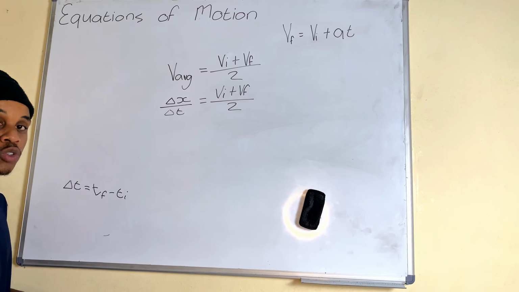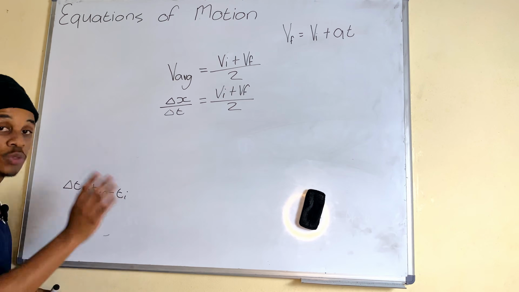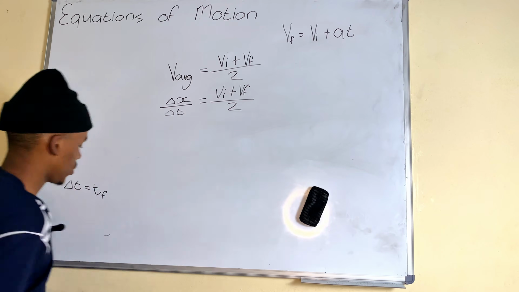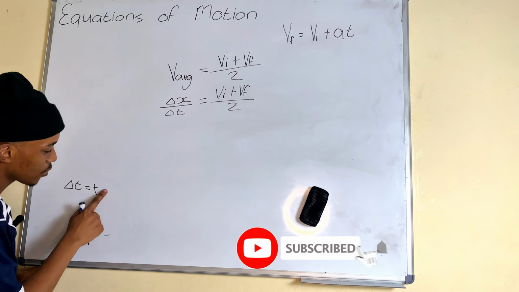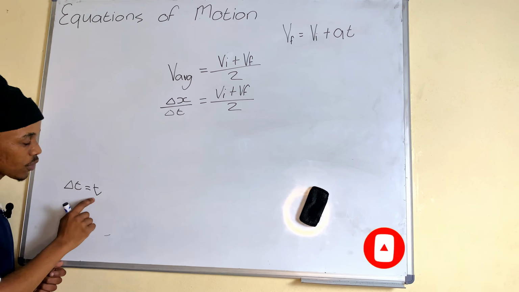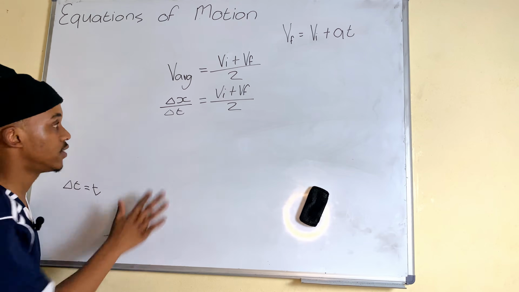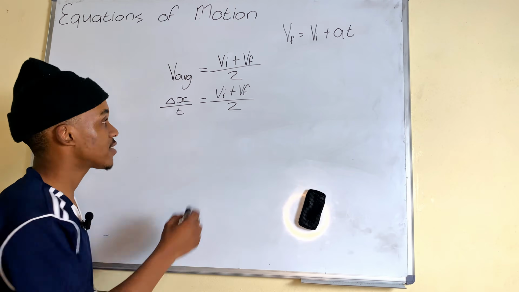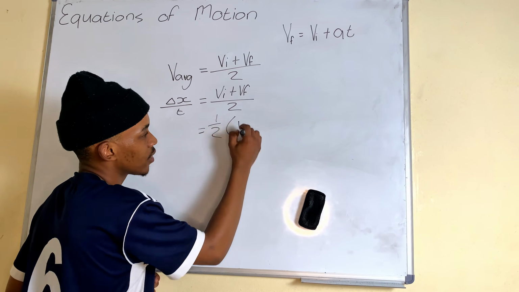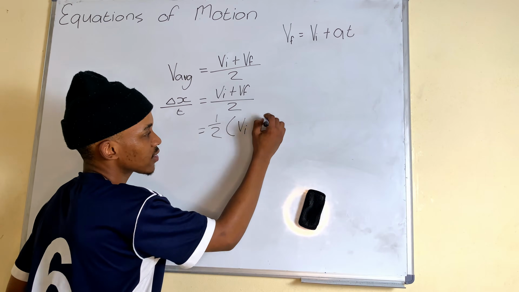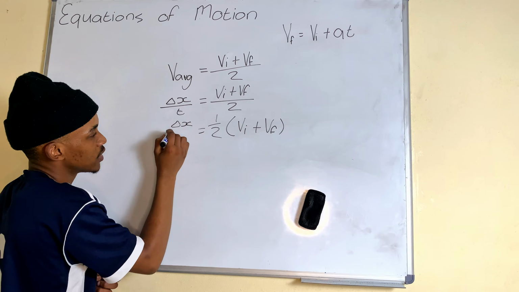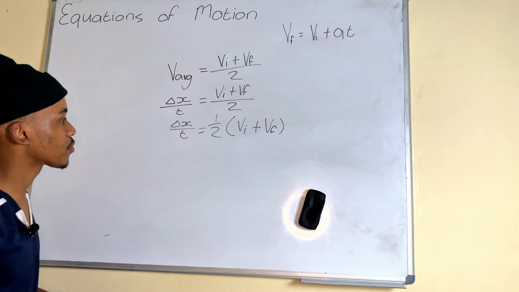But we said that we're going to take our initial time to be 0. So if we take our initial time as 0, this will leave us with our final time, which you can just represent as t. So I'll put this t in the place of delta t. We can just rewrite this as half multiplied by v initial plus v final, and this will be the displacement over the time.